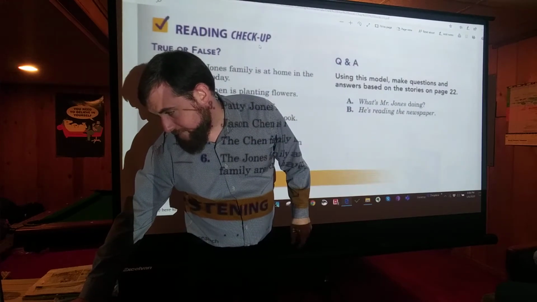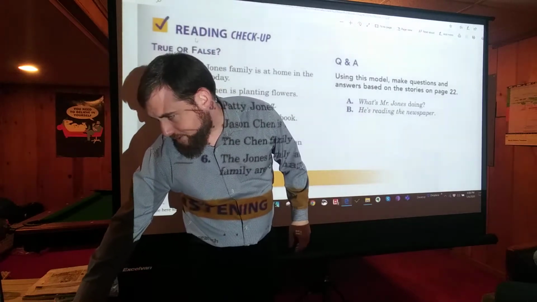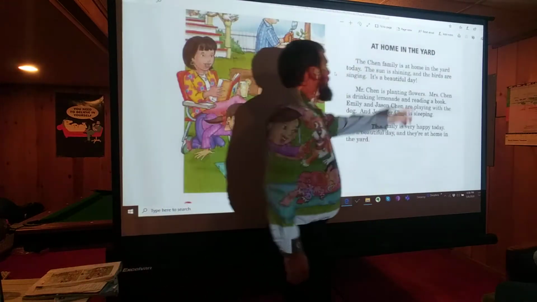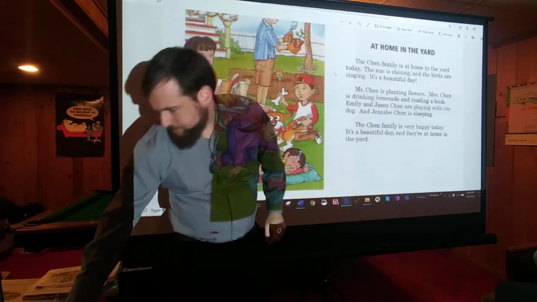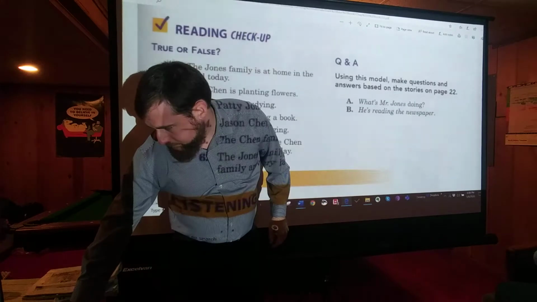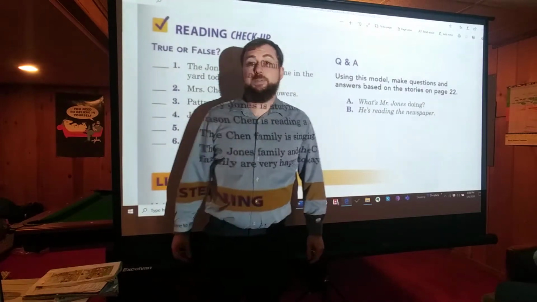Number 5, the Chen family is singing. I can tell you right now, that's false. The birds are singing. And number 6, the Jones family and the Chen family are very happy today.